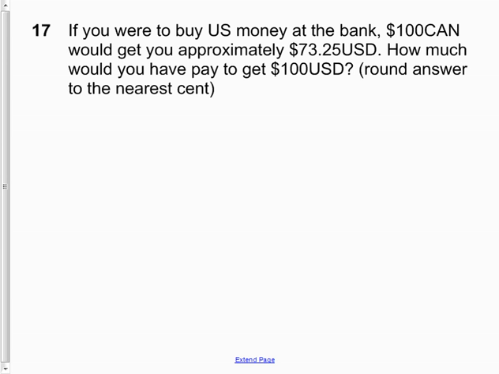Second last question says, if you were to buy U.S. money at the bank, Canadian to U.S. is what I'm going to start with. $100 Canadian would be 73.25 U.S. So if this is proportional, $100 U.S. will go down here, and I want to know how much Canadian it'll be.